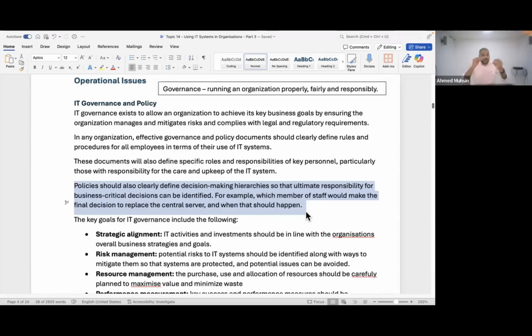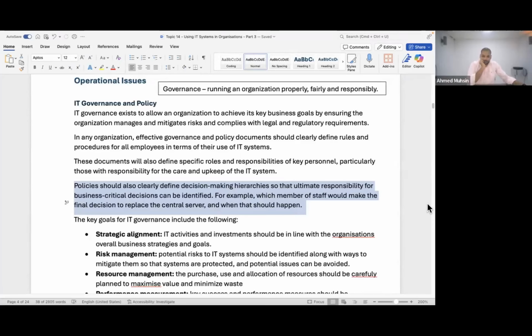She can only carry out the decisions that were made by the managers. You get it? Everyone okay with this? These are what we call hierarchies. Hierarchies means the person at which level can they make decisions. Not everybody can make decisions. Some people are at the bottom of the hierarchy, so they're not allowed to make decisions. Okay? So this is what they're talking about. So your policy should clearly state who can make decisions. I have given you all an example also. Read it.